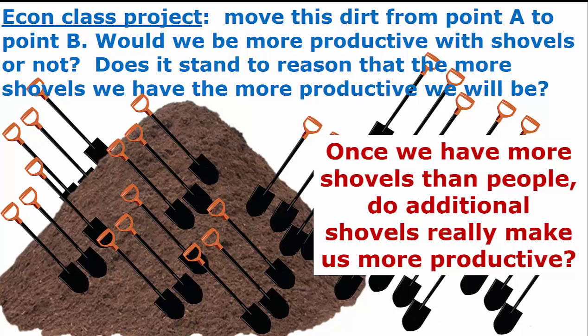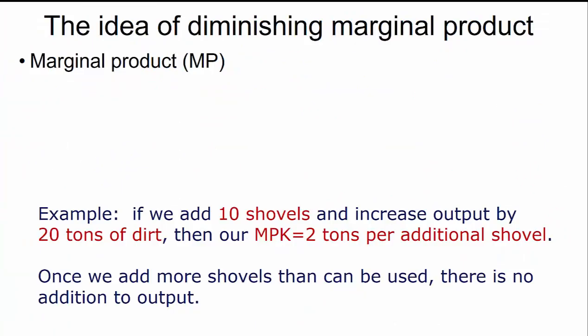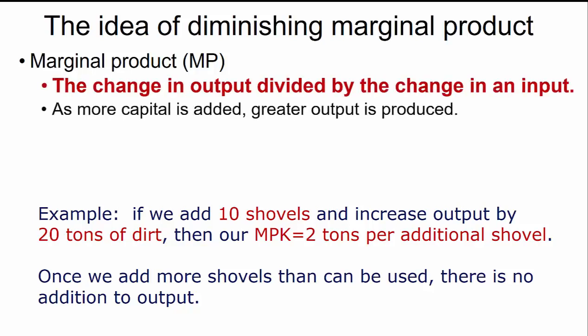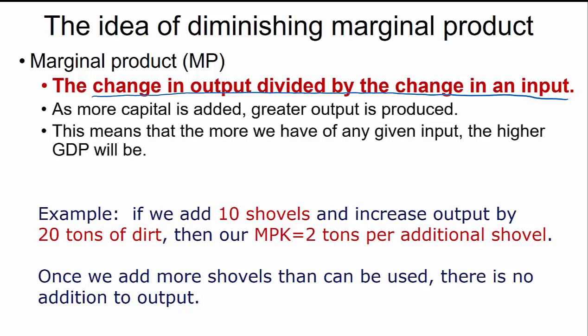And what we're illustrating here is what's called the marginal product, or the diminishing marginal product of capital. So when we talk about marginal product, this is just the change in output divided by the change in an input. Okay? So as we add capital, we're going to be adding more output up to a point.